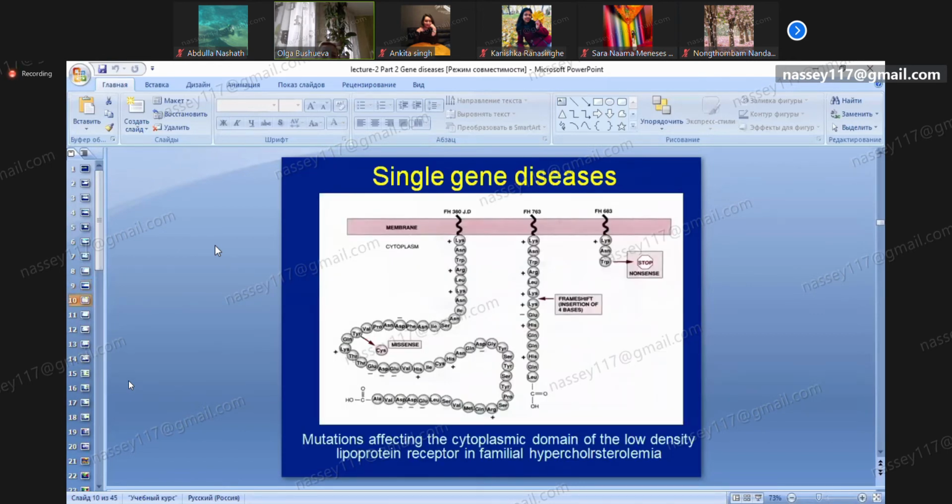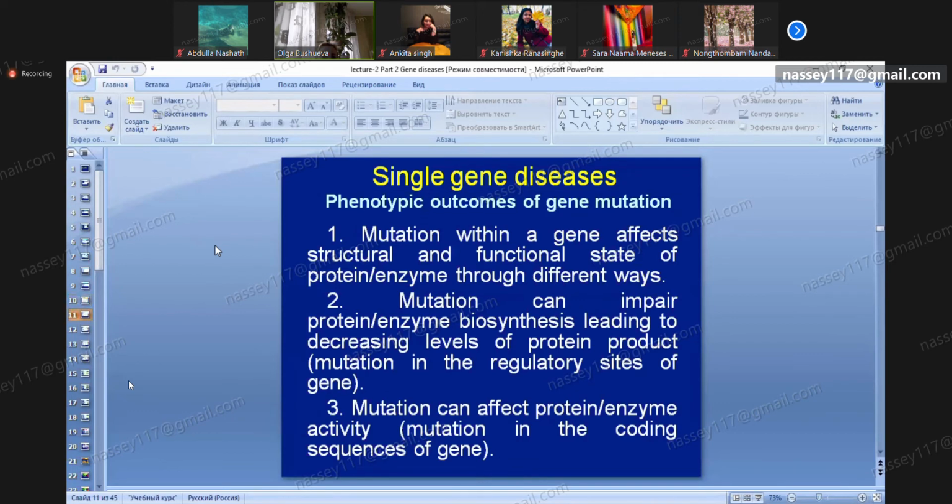On this slide, you can see mutations affecting the cytoplasmic domain of the low-density lipoprotein receptor in familial hypercholesterolemia. As examples, you can see here a nonsense mutation associated with a stop codon, a frame shift associated with insertion of 4 bases, and a missense mutation.